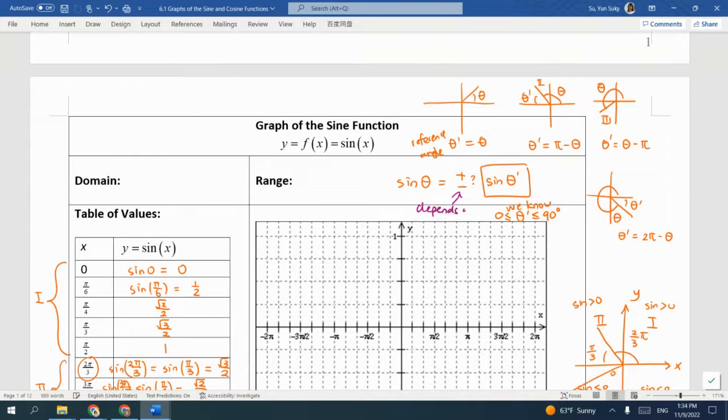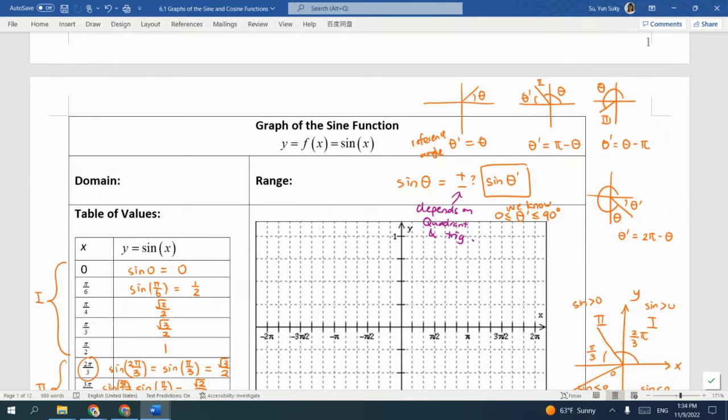So this plus or minus depends on the quadrant and the trig function. For example, sine: positive, positive, negative, negative. Cosine: positive, negative, negative, positive.